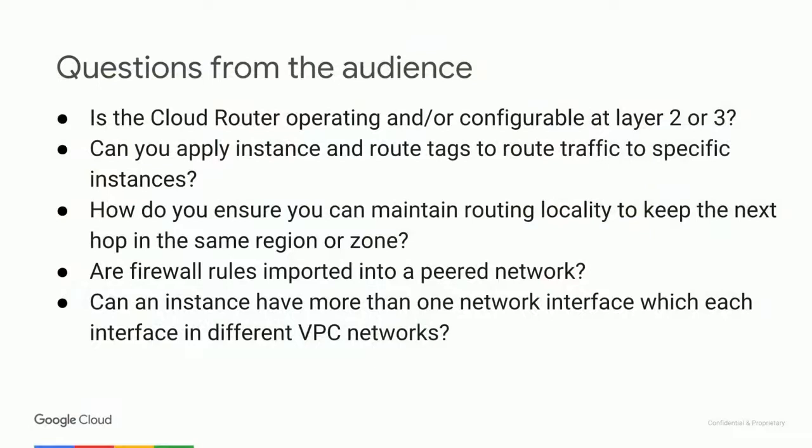Okay, great. So next question is, can you apply instance and route tags to route traffic to specific instances? So you can. There's a concept of tags where, say I create a route and I want it to only be applied to certain VMs. When you create the route, you could say, I only want this route to live on certain VMs, and you would do that by specifying a tag.